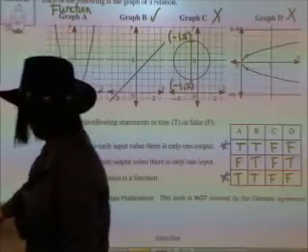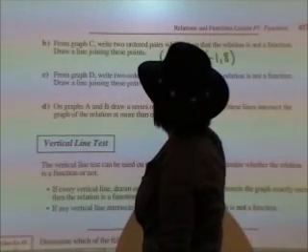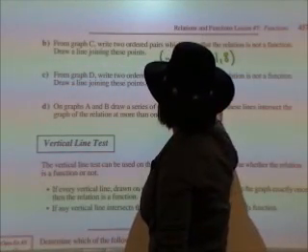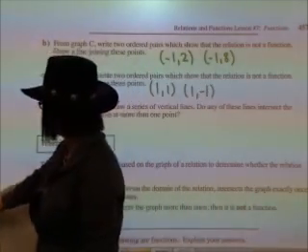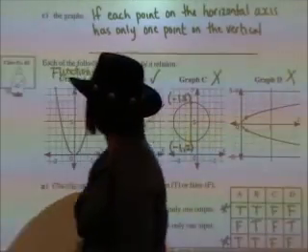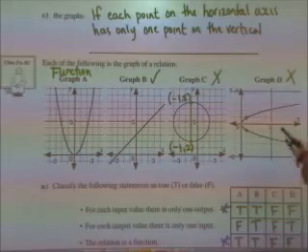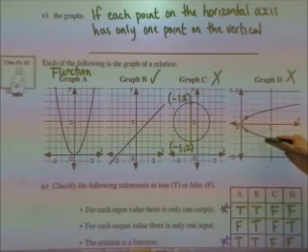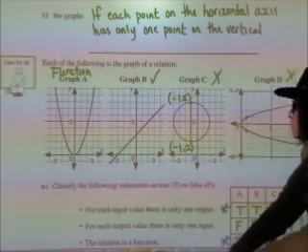Okay? So we'll put that on the next page. 1 and 1, 1 and negative 1. And I could have taken like 4 and negative 2 and 4 and positive 2.